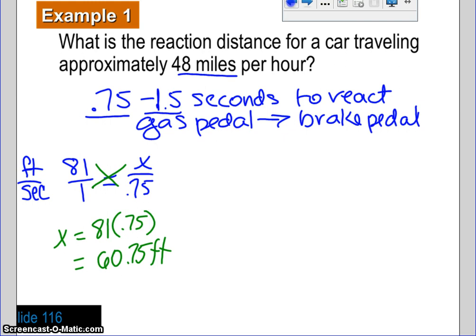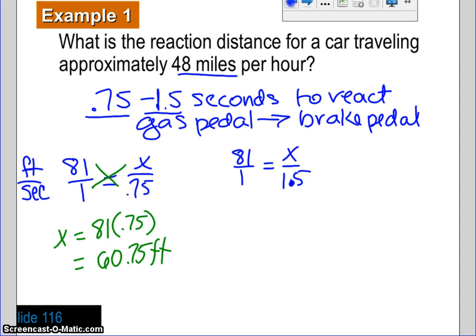They're going to go 60.75 feet before they get from the gas pedal to the brake pedal. Now let's see what would happen if it was somebody a little bit slower. So again, we've got our feet over our seconds, 81 feet over a second, and that equals x over the person who goes 1.5 seconds.